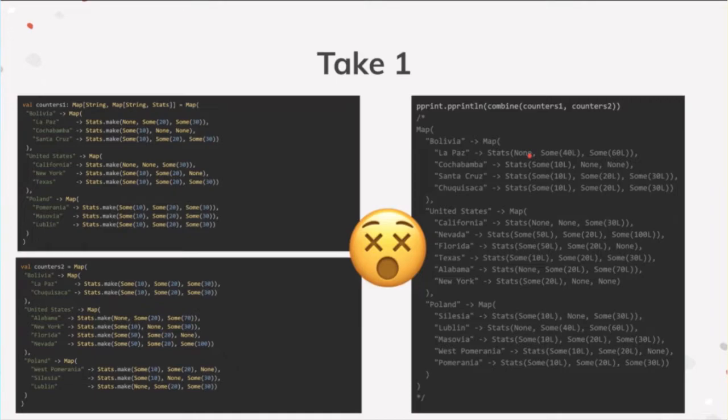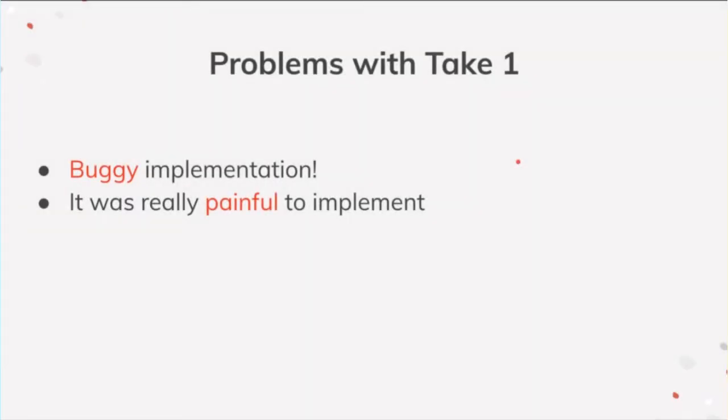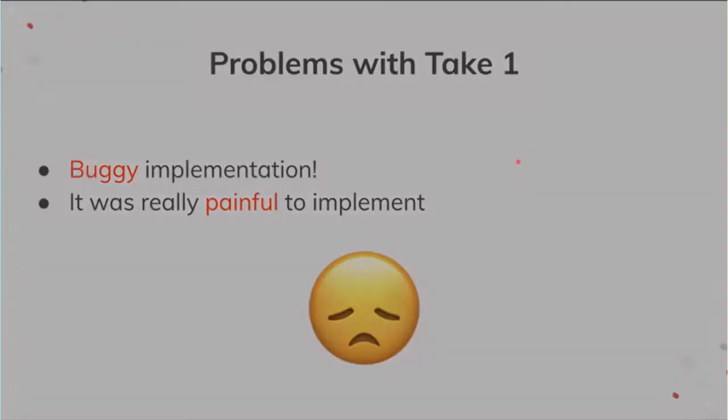So now for fixing that bug, we need to implement a custom logic for combining these counters, which are options. And here you can see I needed to write this pattern match sequence. So if both of them are some values, I can just sum them.